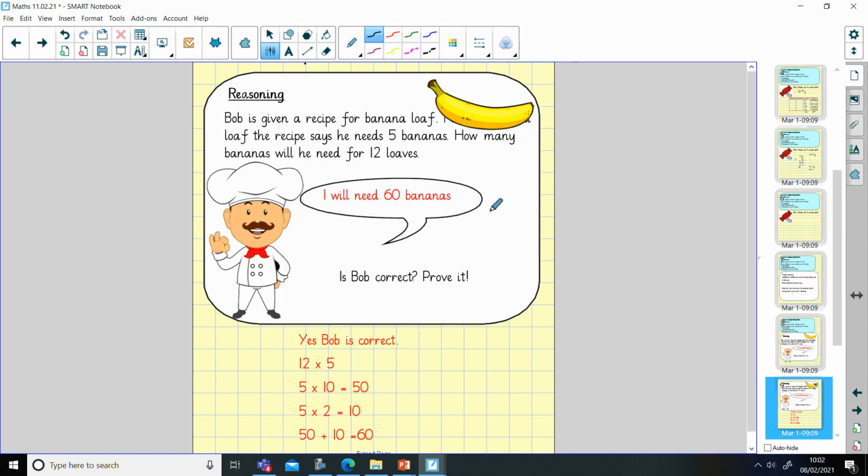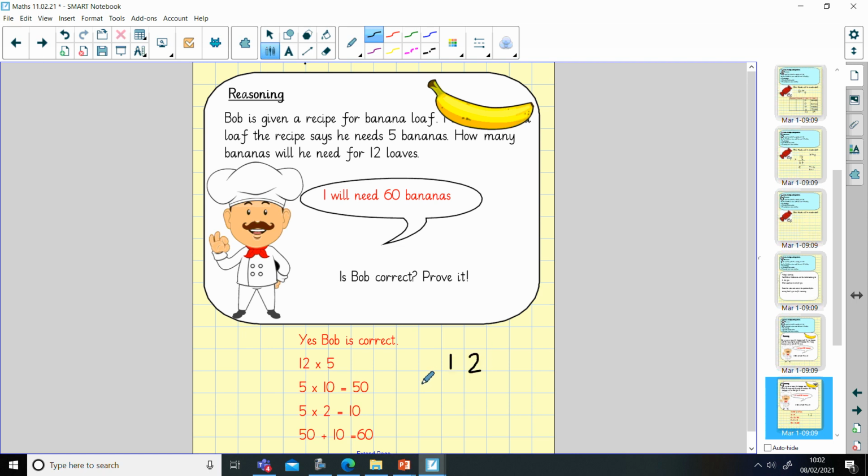Okay, so I think that Bob is correct and I've proved it here. So I've partitioned. I've said that 5 times 10 is 50. So I've partitioned into tens and ones. Then 5 times 2 is 10. And then I've added those together. I could also check it with my column multiplication.